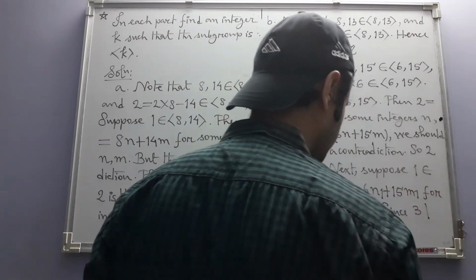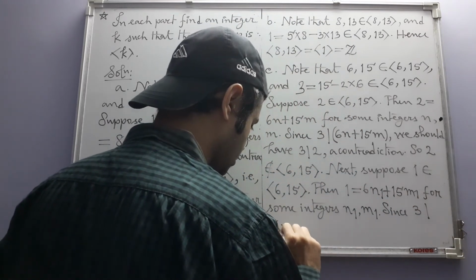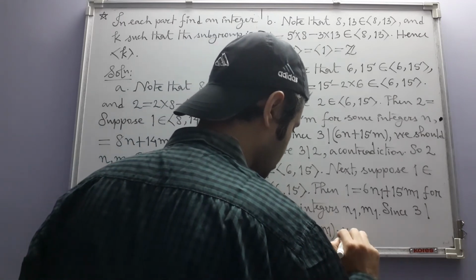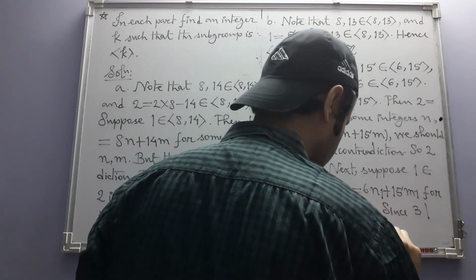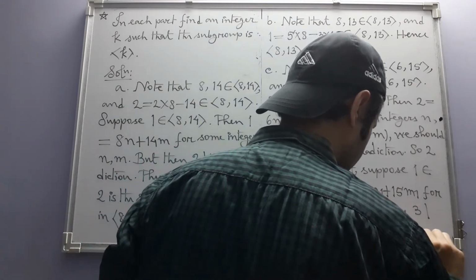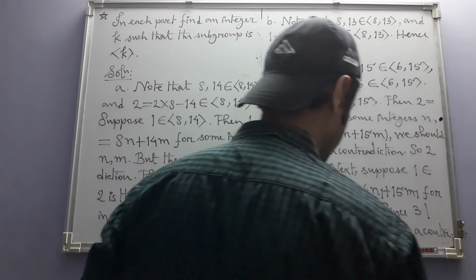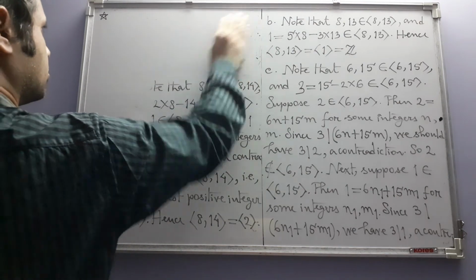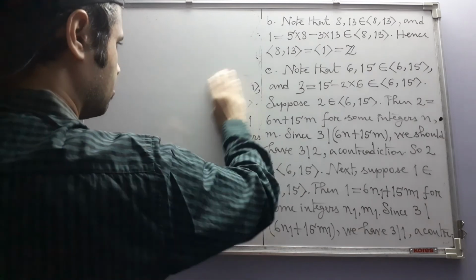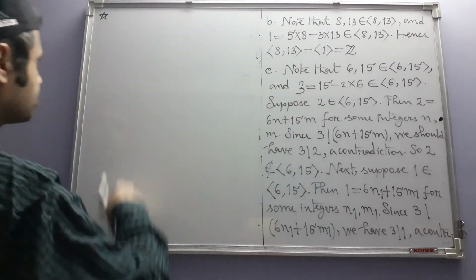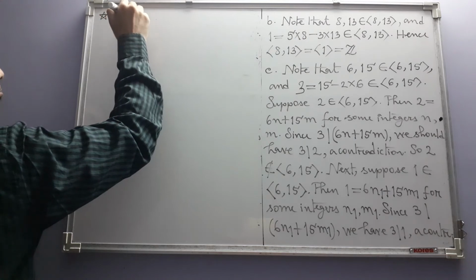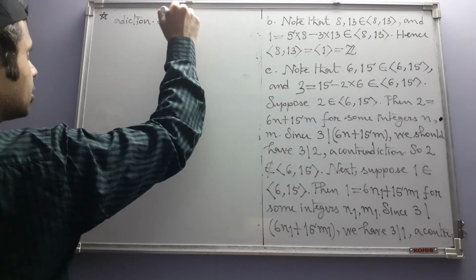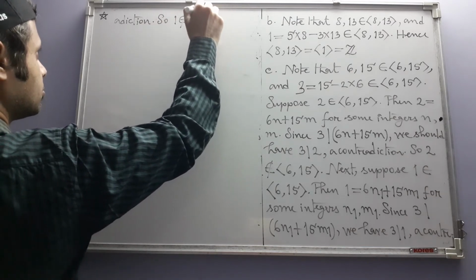Since 3 divides 6n1 plus 15m1, we have 3 dividing 1, a contradiction. So 1 does not belong to this either.